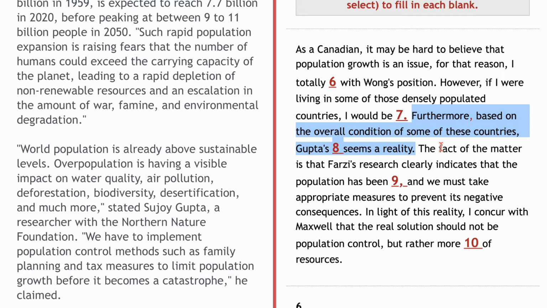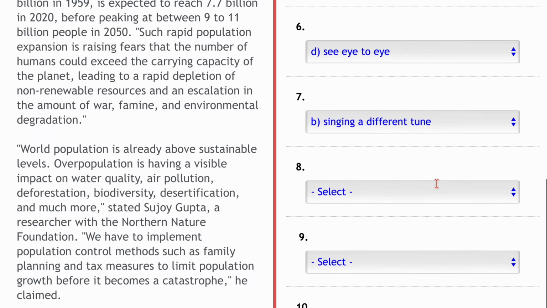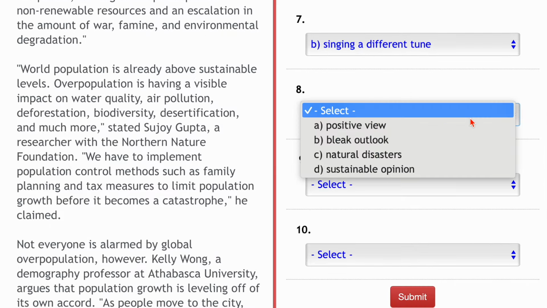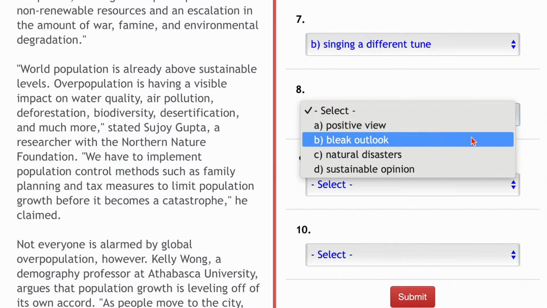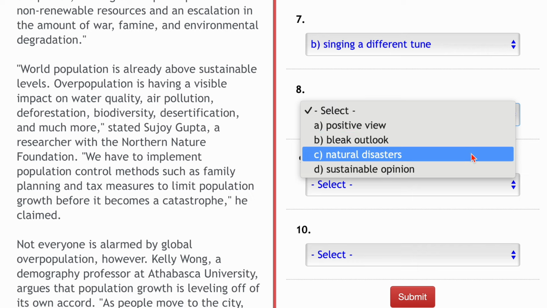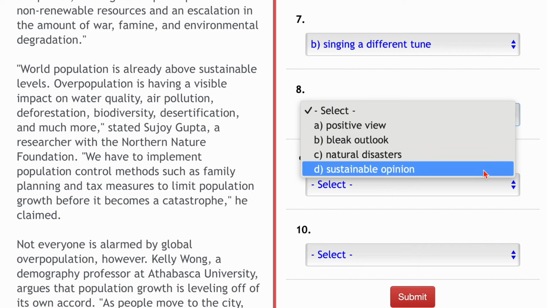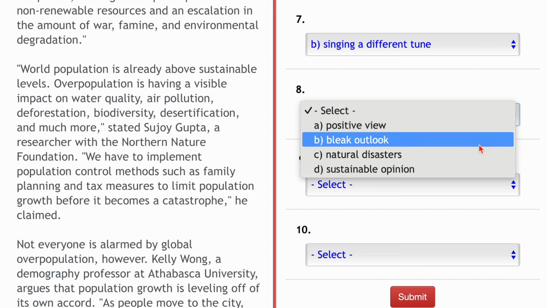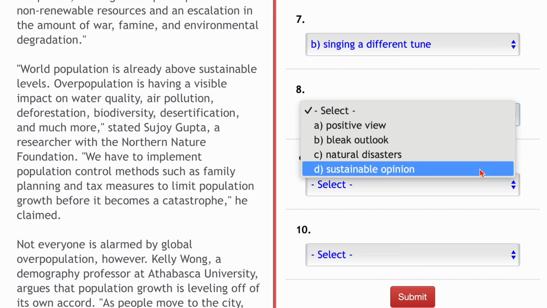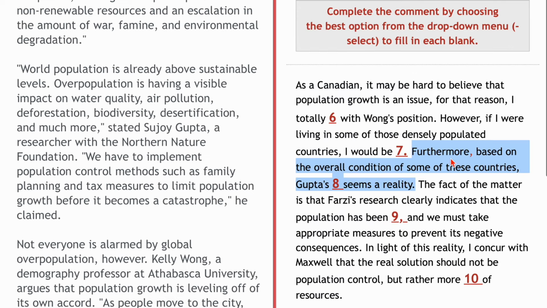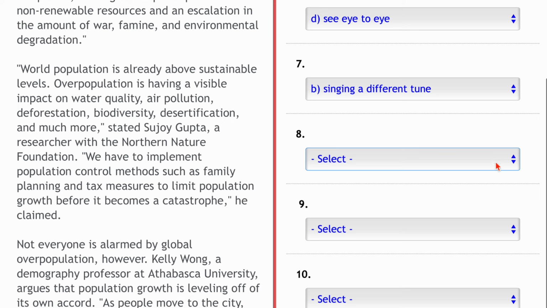Gupta's [blank] seems a reality. Positive view, bleak outlook, natural disasters, sustainable opinion. Furthermore, based on the overall condition of some of these countries, Gupta's seems a reality.